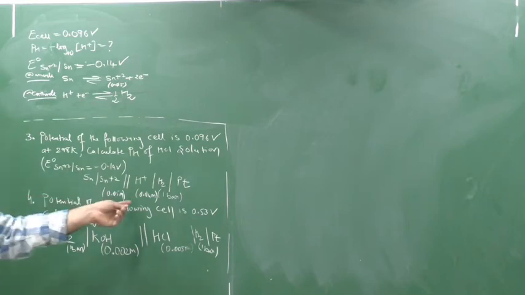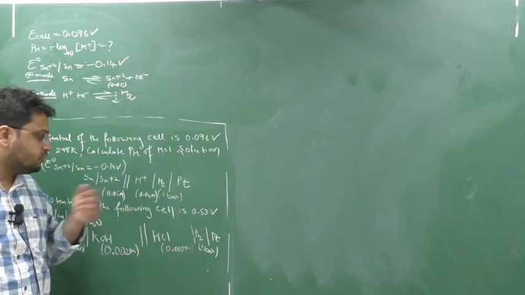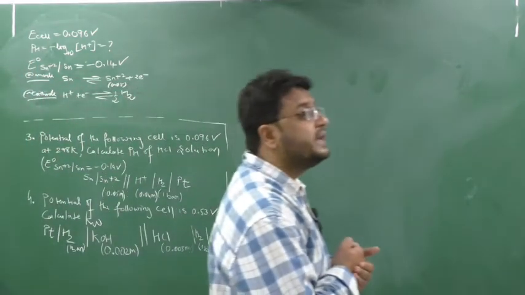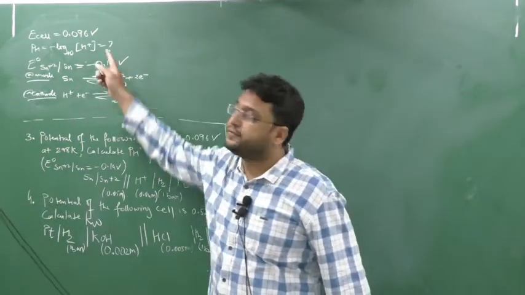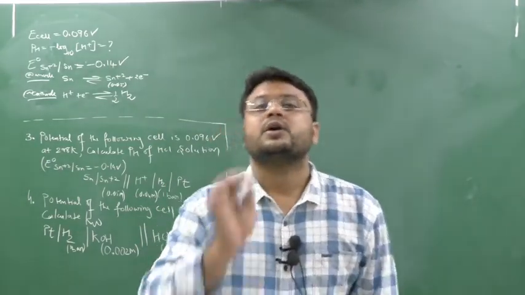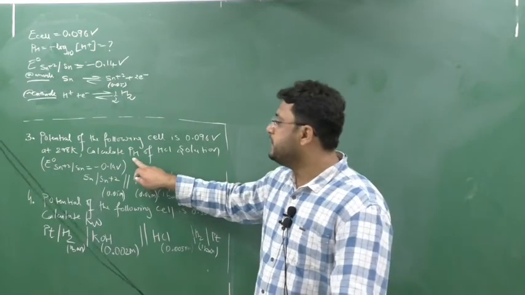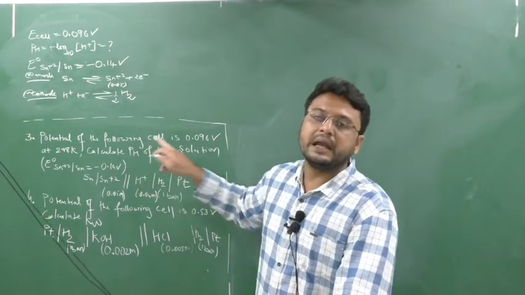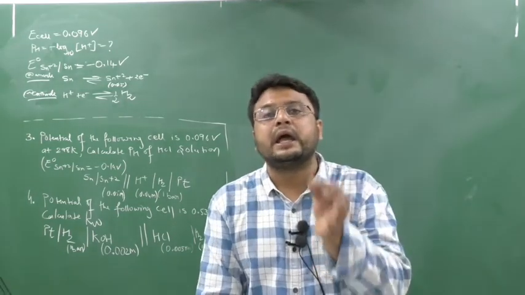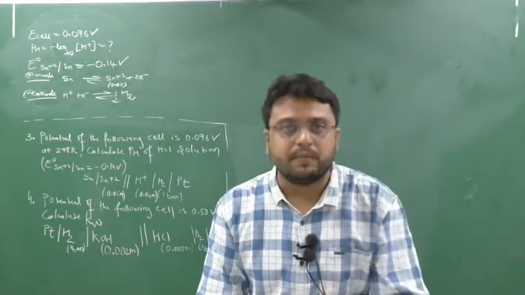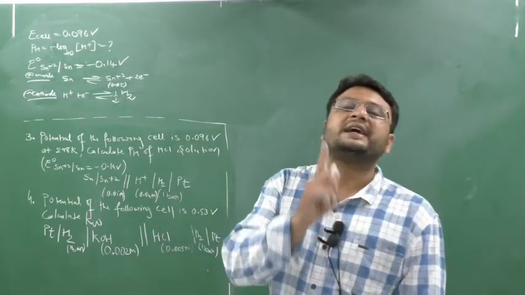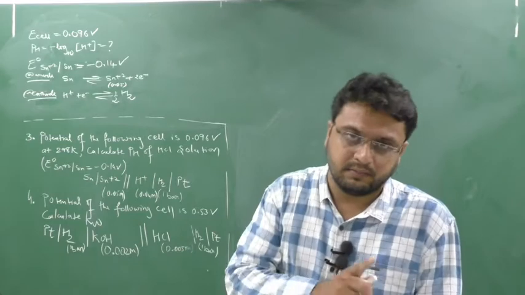Beta, here the H plus concentration they have given is 0.04, but they ask you to find the pH, and in a pH problem the concentration of H plus should always be given as x molar only.